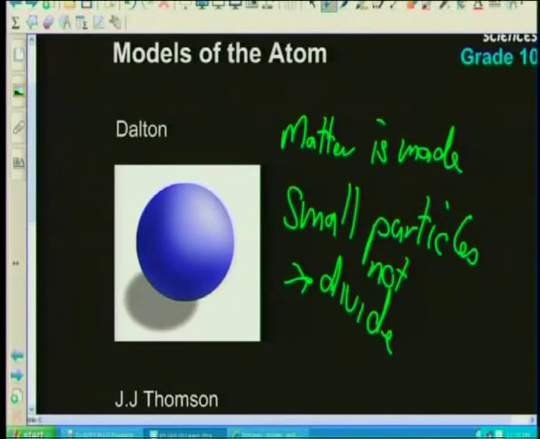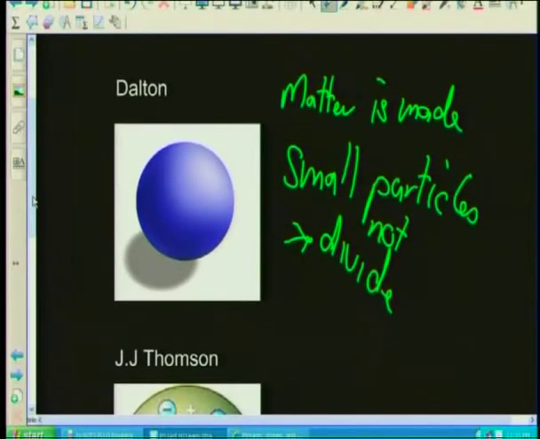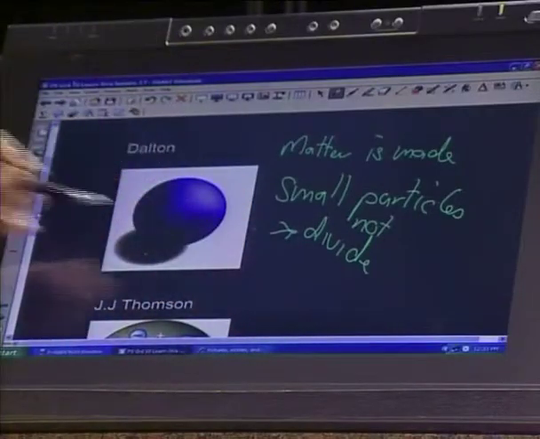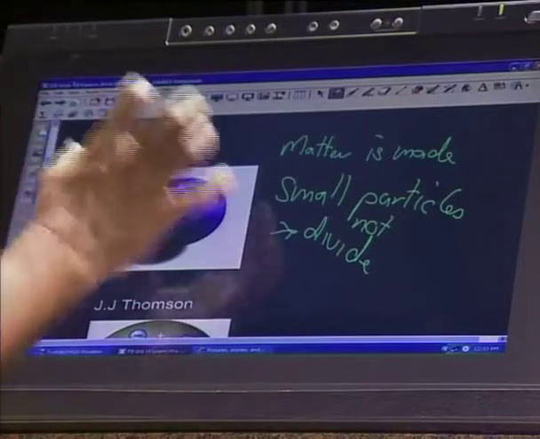They have different masses, but what we recognize is that they're all solid spherical things, indestructible. And so that was Dalton's picture of an atom.